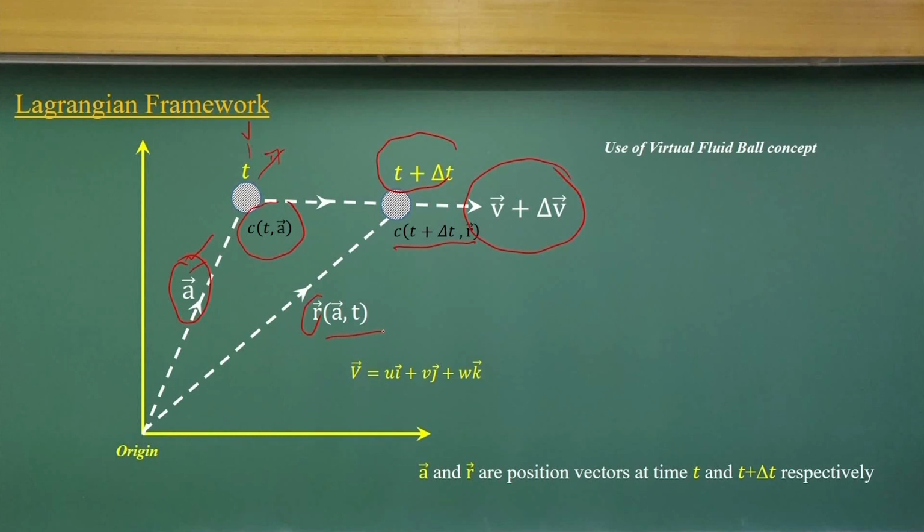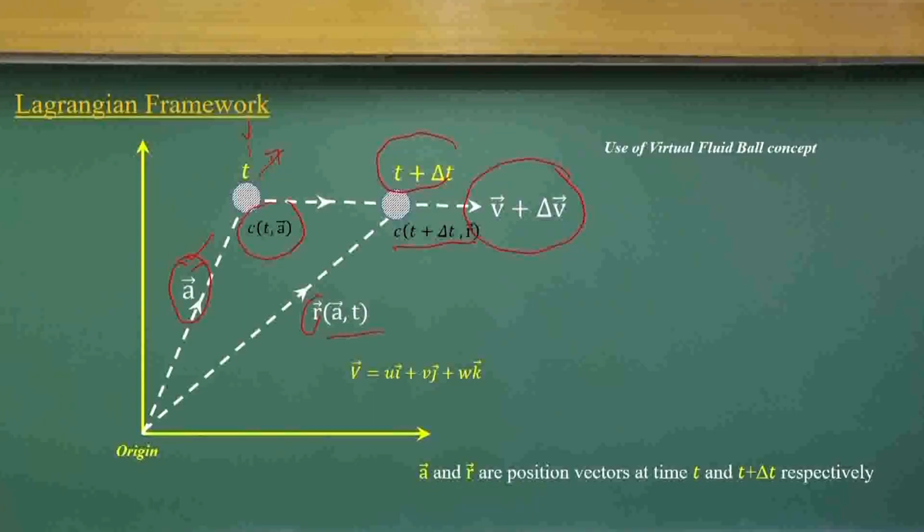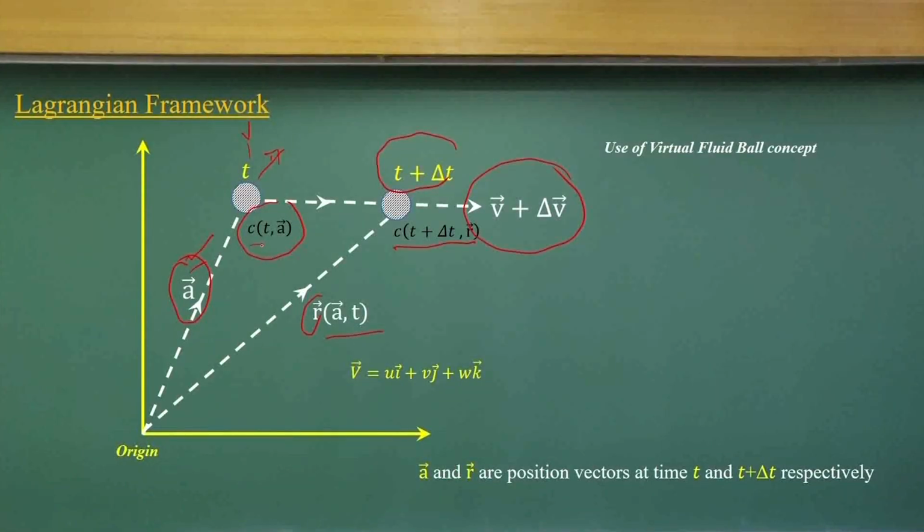So if you look at it that way, if I have fluid particles, I can describe the particle motions at time t and t plus delta t. The concentration in that fluid particle, maybe dissolved oxygen, maybe BOD, whatever the component of the concentration is, varies from time t to t plus delta t.